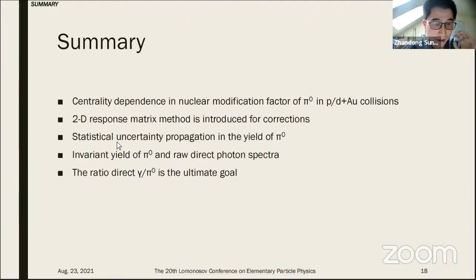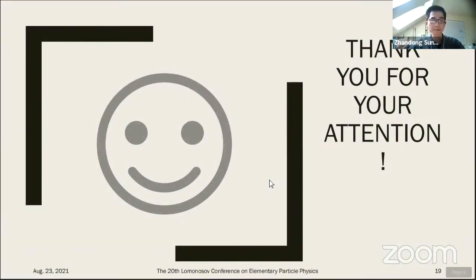Statistical uncertainty was studied in the yield of pi0, and we presented the invariant yield of pi0 and raw direct photons. And to solve this puzzle of the centrality dependence, the ratio of direct photon over pi0 would be our ultimate goal. Thanks a lot for your attention.